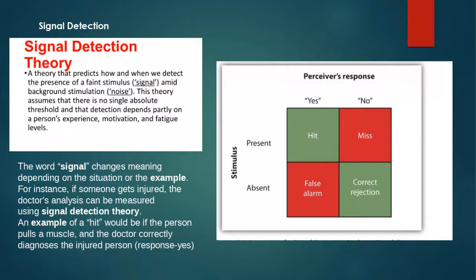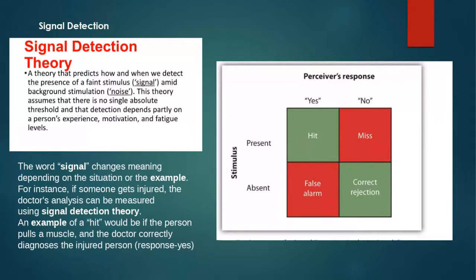A false alarm is when the stimulus is absent, but the perceiver, the person who's interpreting it, says, no, you haven't pulled your muscle. It's a false alarm. You might have hurt your knee instead. So it's just how that signal is detected around the intensity of the stimulus and the other things that are happening in your life at the same time.